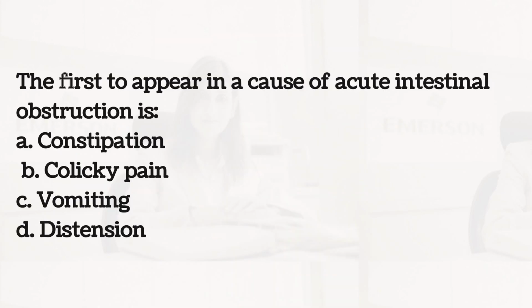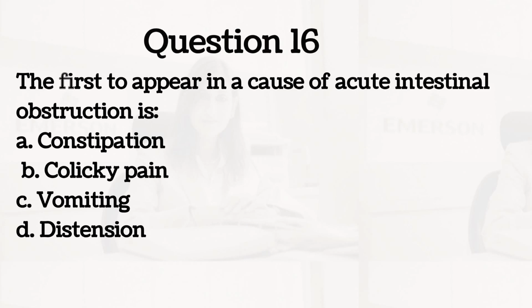So question 16, the first to appear in a case of acute intestinal obstruction is: A, constipation; B, colic pain; C, vomiting; D, distension. Which one is the first to appear between these four symptoms?